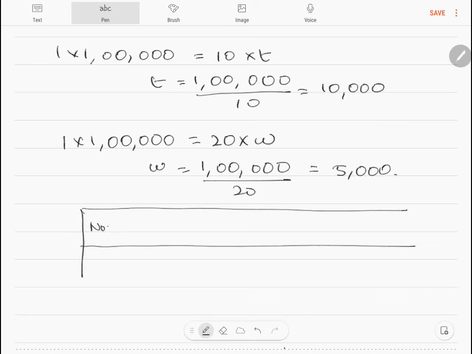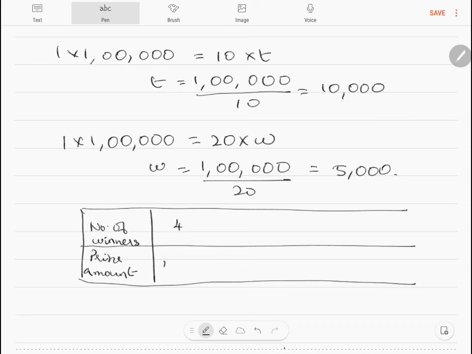Now we'll have the number of winners and the prize amount. The first two values are given. For the next values, for 4 it is 25,000.